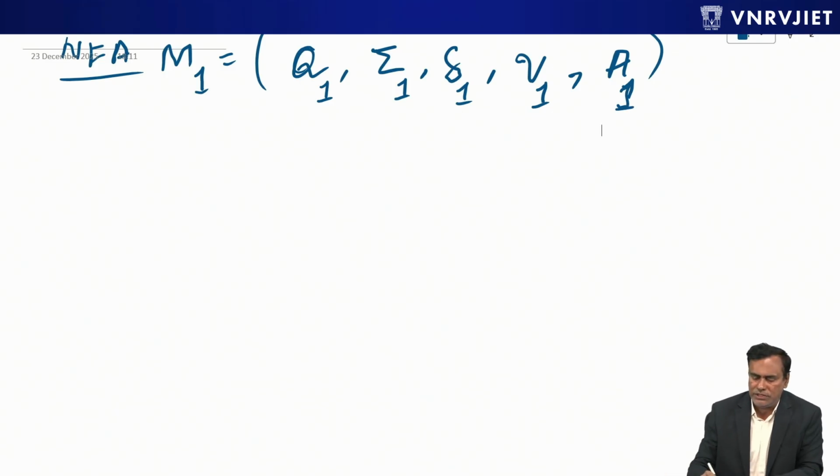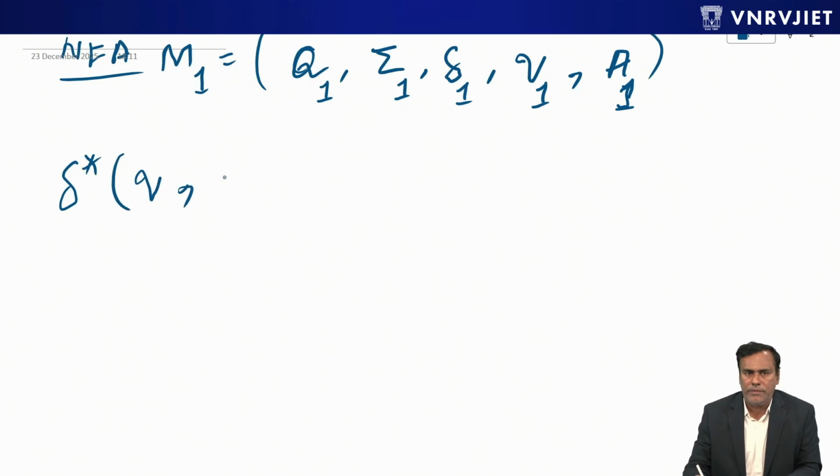Now, the transition function of this NFA can be defined as follows. Delta star of some state Q on epsilon is Q itself.